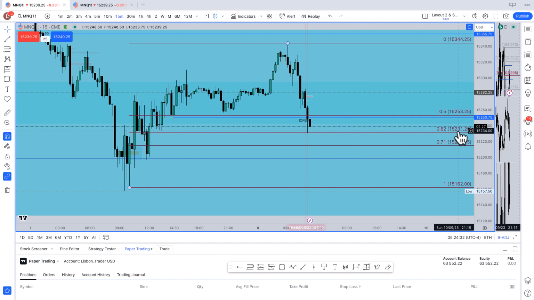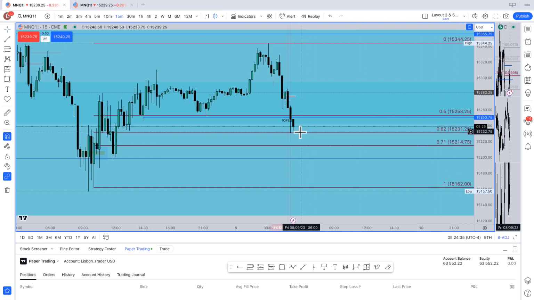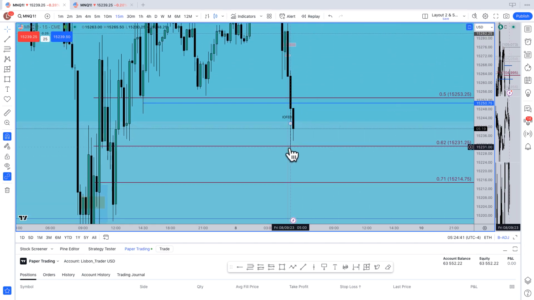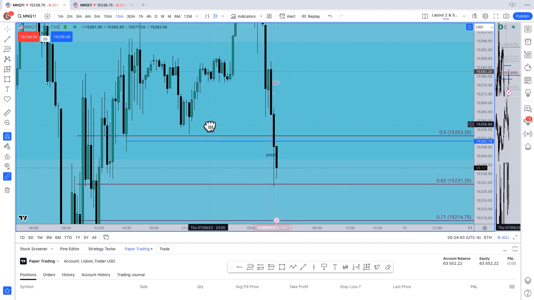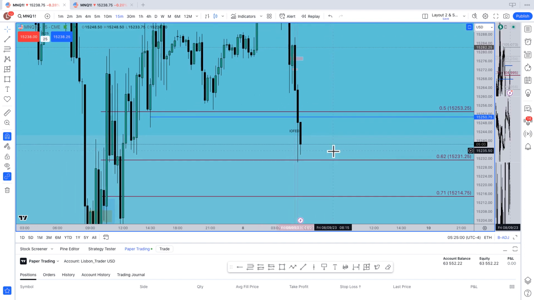We got the 15,231.25, 231 and a quarter, and then an OTE buy low 230.25. So by one point below, and then rejected up to here.